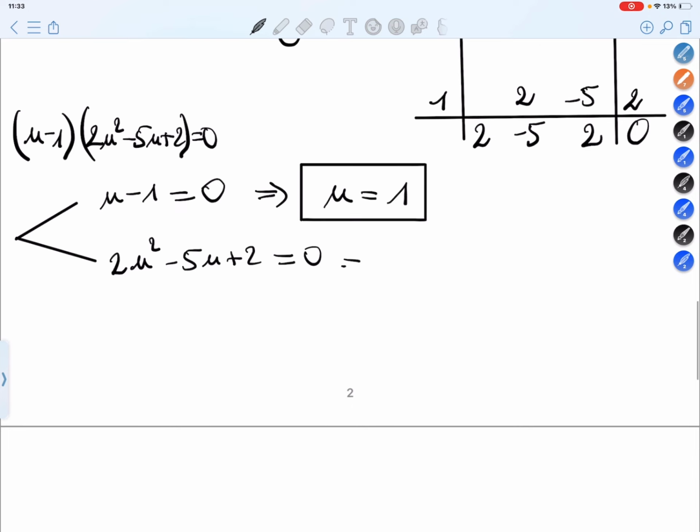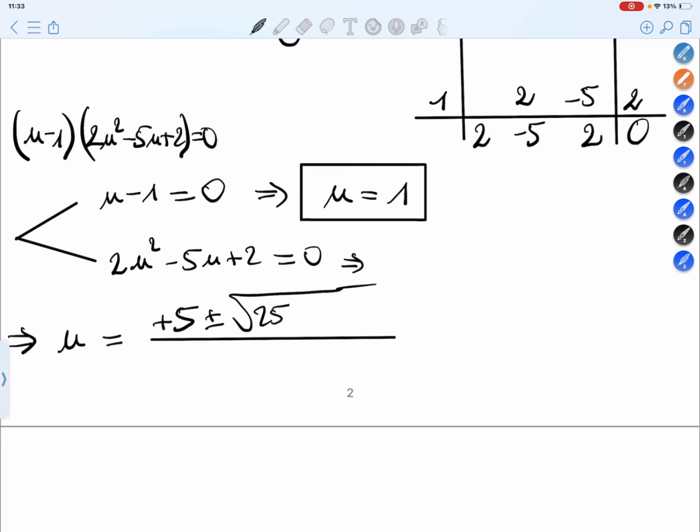Now we would have to solve this, which is we're gonna use the quadratic formula, which gives us that u is minus b, so plus 5, plus or minus square root of b squared, so 25, minus 4ac, so 4 times 2 times 2, which is 16, over 2a, so 4.